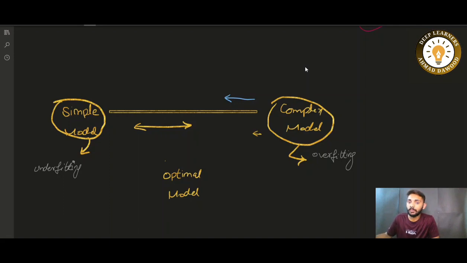When you use a little bit complex model, you fall into the overfitting problem. Now, how can you tackle them? You have to use a technique that reduces the complexity of your model so that your model will not fall into underfitting. This part we will discuss hopefully in the next session.